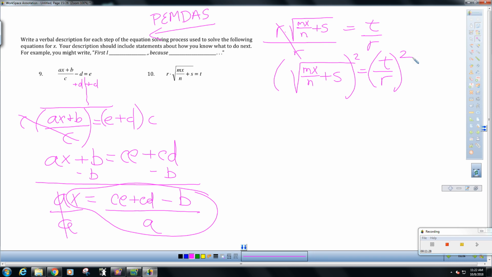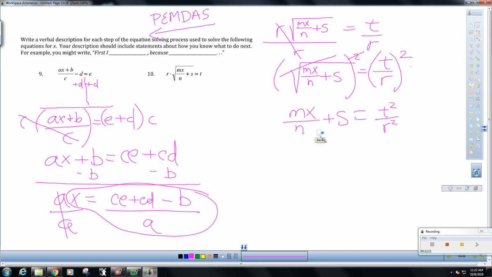So when we square this, those things cancel each other, giving us the circle of death, mx over n plus s equals, well, this is just t squared over r squared. If you left it like that, that'd be fine. Now, PEMDAS backwards.